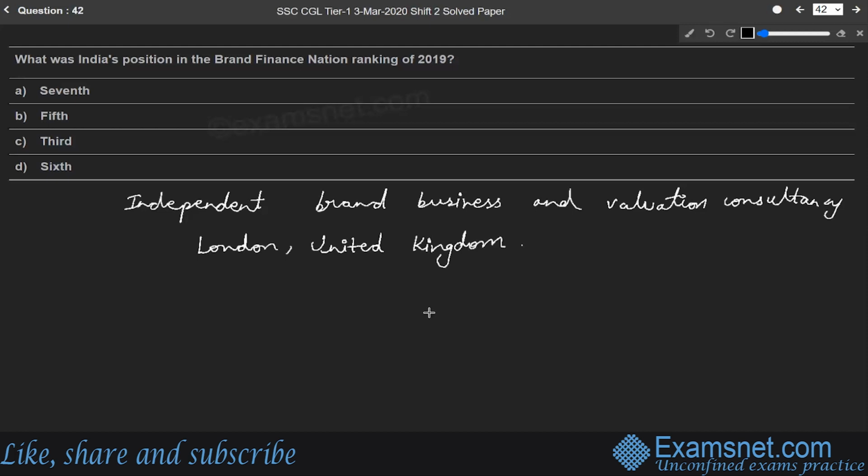Now let us talk about India's position in the Brand Finance Nation ranking of year 2019. India has jumped from ninth position to the seventh position.